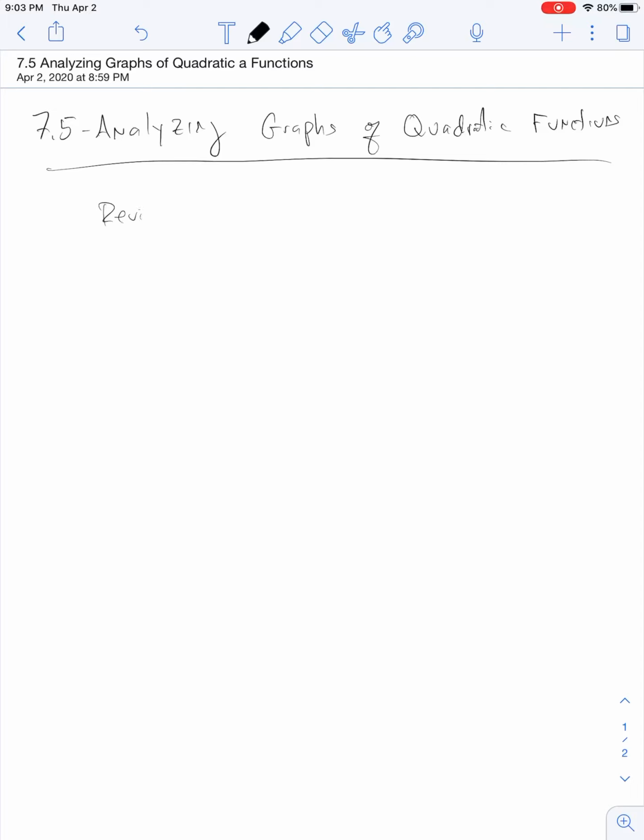Some things that we should already know is that a very simple quadratic function is f of x equals x squared, right? Once again, what makes it quadratic is the fact that it has a power of 2.